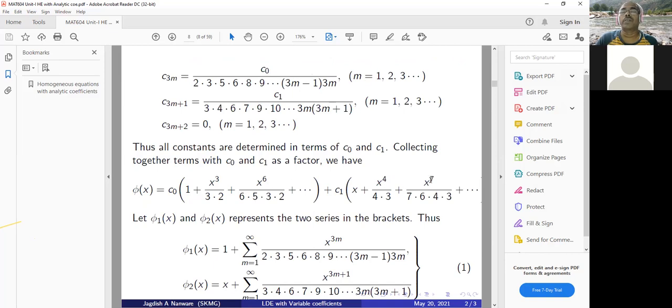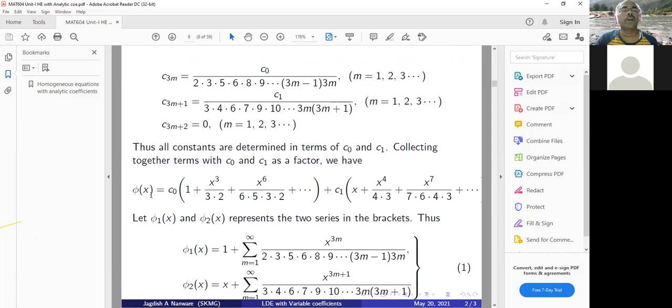Here 4, 7, the next term will be x to the power 10, and some of the terms will disappear because C2, C4, C6, C8, C10, and so on, so all suffixes which are even numbers, all those terms disappear. That will not be considered here.